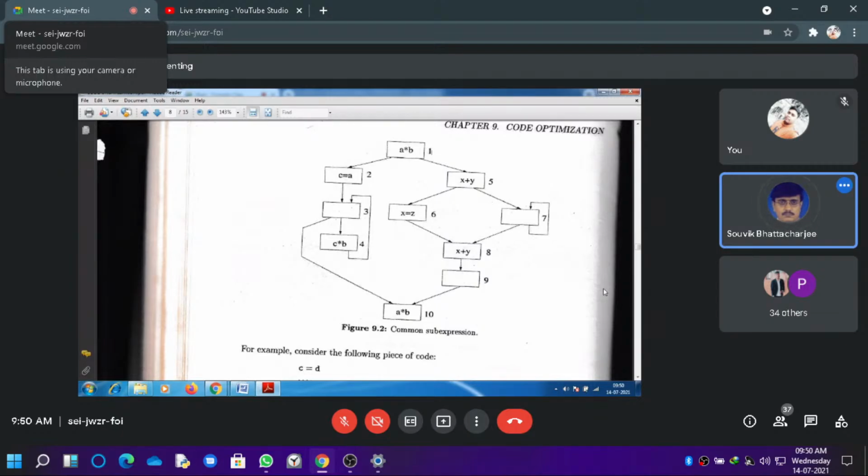So you can eliminate the common subexpression, it is computed only once, and later you can replace the common subexpression with the help of some values. That is A star B, C star B, and A star B, that is 1, 4, and 10. All are common subexpressions.